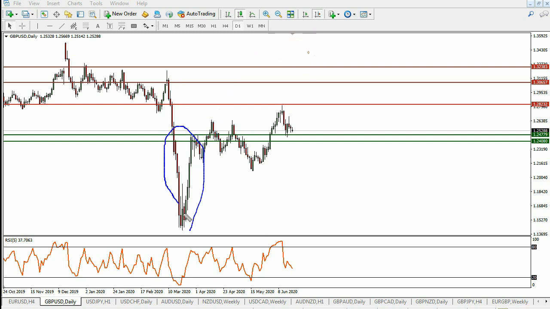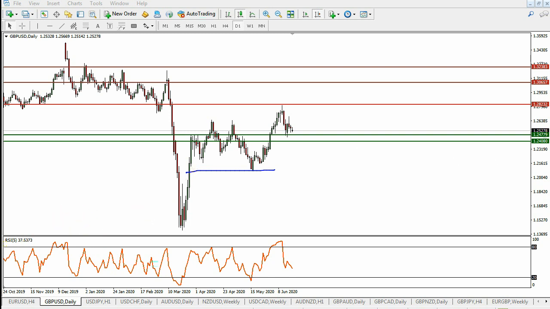After an impulsive wave, we always see corrective waves or a range. I told you in my previous videos, I love ranges because ranges create big opportunities or big waves.